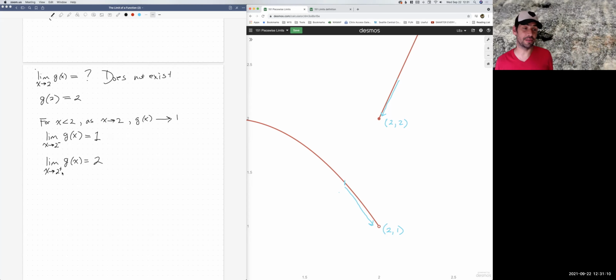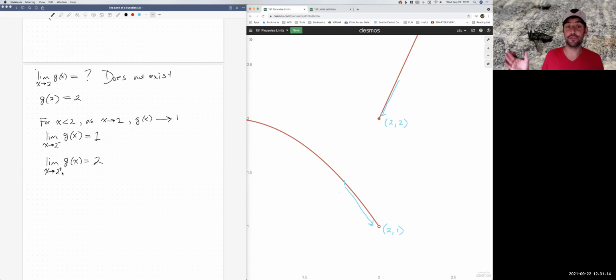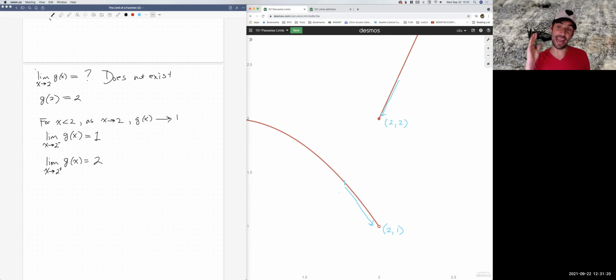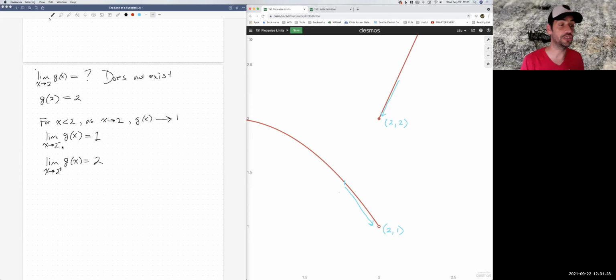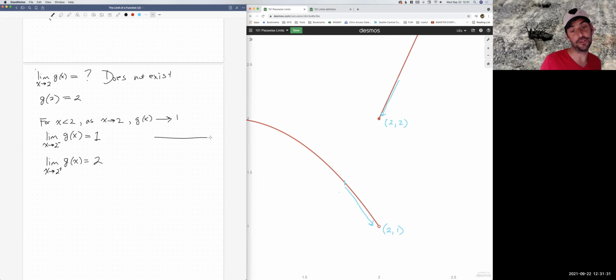Everything else about the limit remains the same. We're still thinking of an interval. Instead of an interval around the value we're taking the limit at, we're taking an interval that ends at the value and looks at numbers on the other side. So for instance, this x approaching 2 from below means our interval is, here's 2.